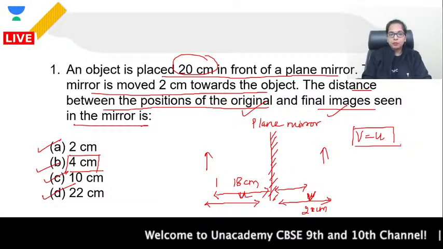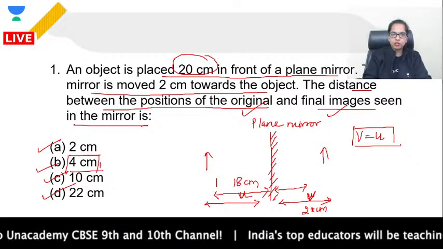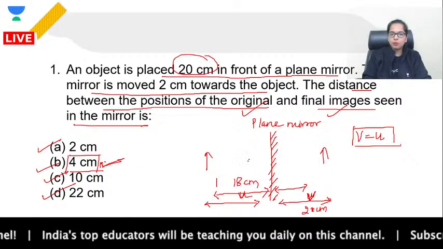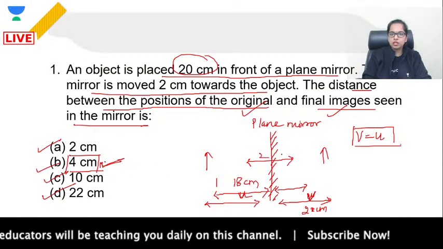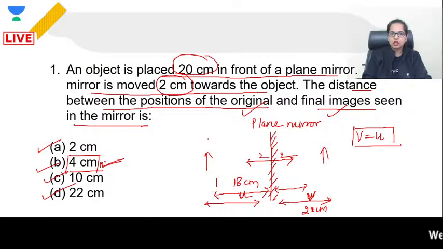So now what will be the distance? 2 plus 2 equals 4. So it will be 4 centimeters. Getting my point? How much distance is left between? That is 2 centimeters and 2 centimeters, total 4 centimeters. This much is the difference.